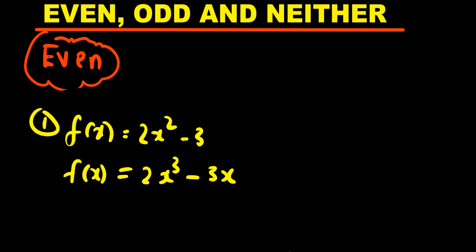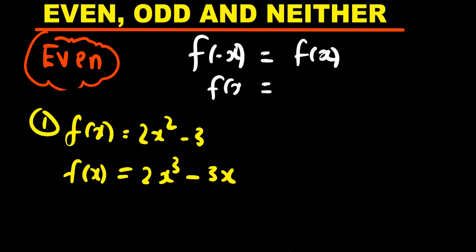So how are we going to solve the first one? We're going to say f of negative x is equal to f of x, or the other way around. Let me put f of x is equal to f of negative x. It's just the same. So wherever there is x, you're going to replace it by negative x.